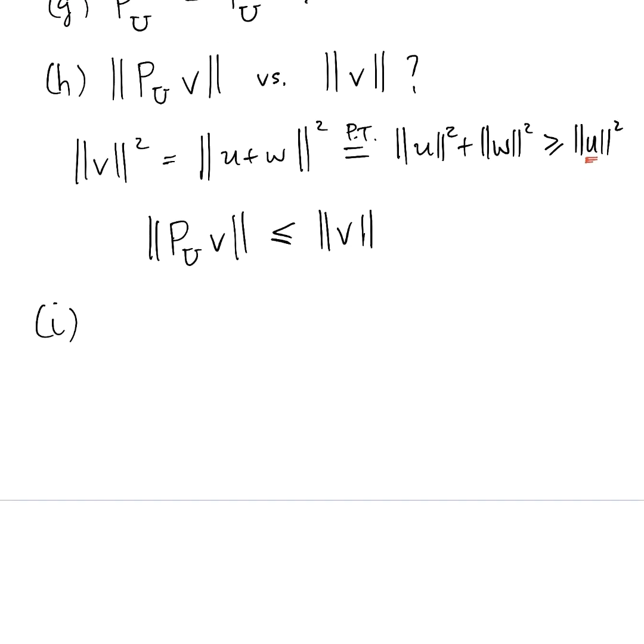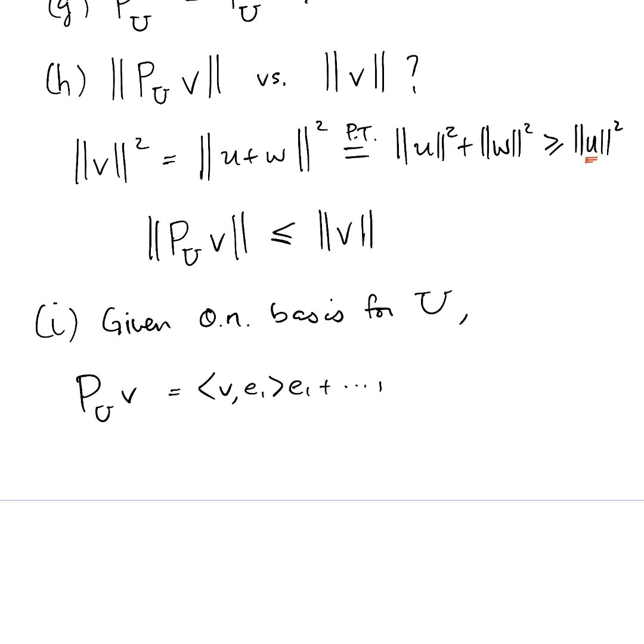So part I just says, recapping that statement, given an orthonormal basis for the subspace U, if you want to know the true identity of the projection acting on a vector V, well, that's the red part, and the red part is just <V, E1> times E1 plus ... <V, EM> times EM.